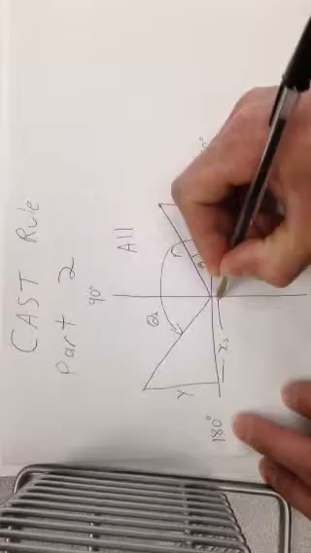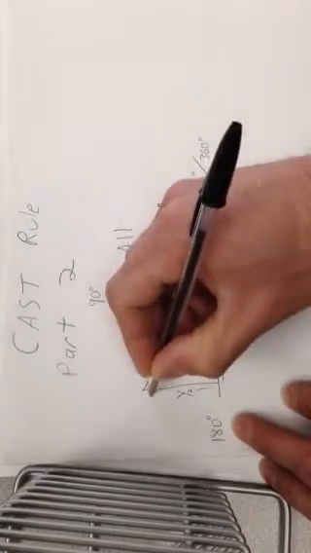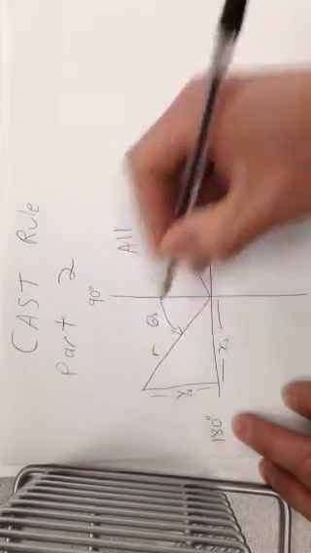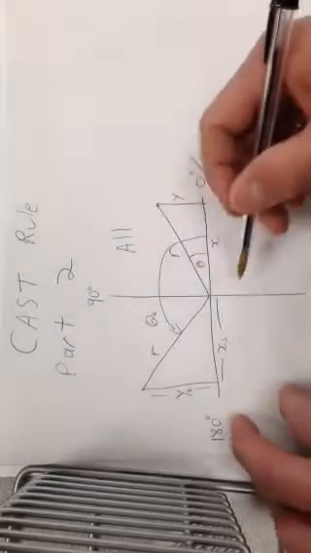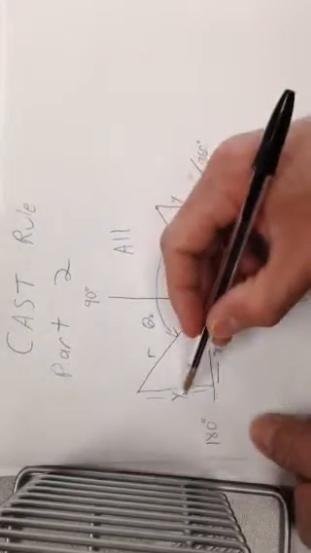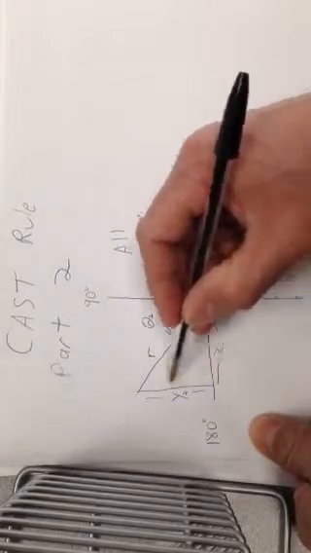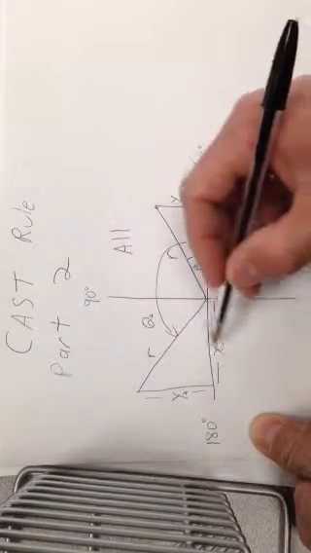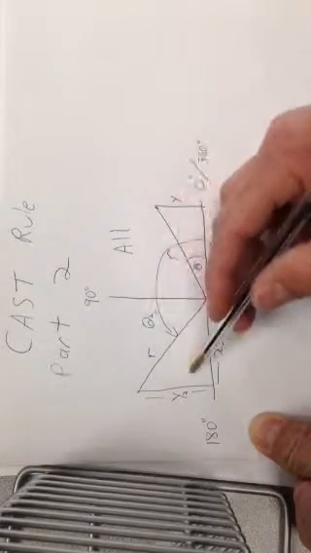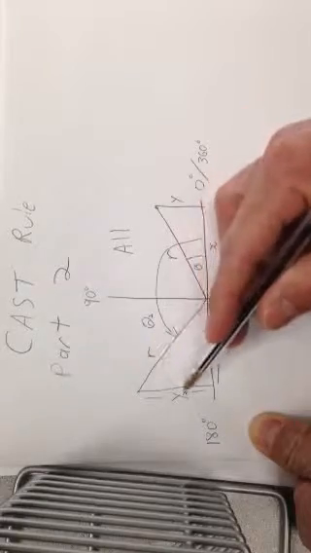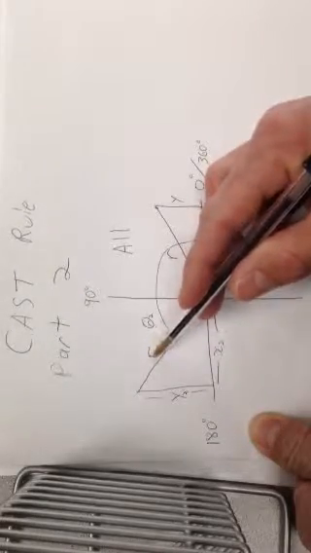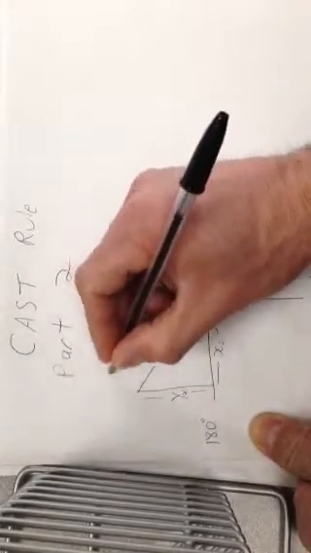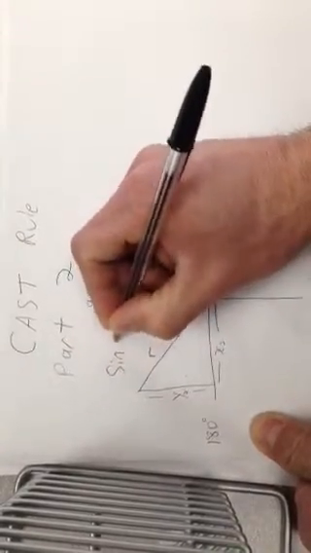So I'll call it x2 and y2. And here's my r value. When I'm over here, as you can see, the y value is going to be positive because I'm above the line. The sine of theta 2 is y over r. Y is positive and r is positive. So over here, the sine is positive.